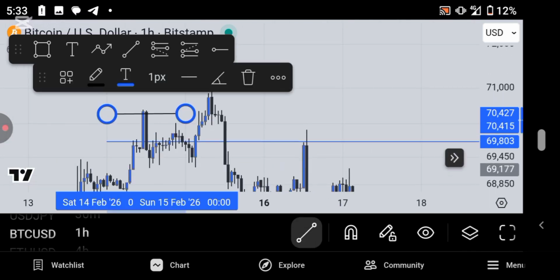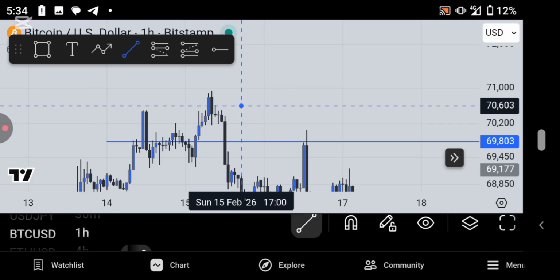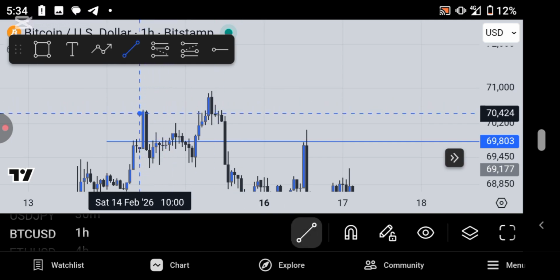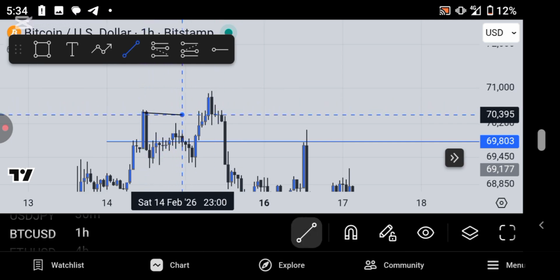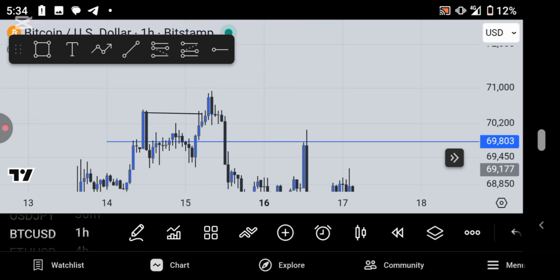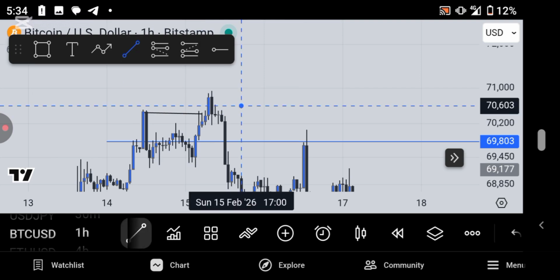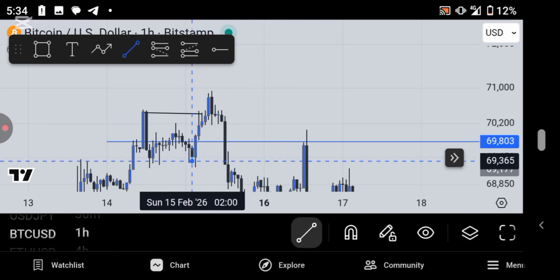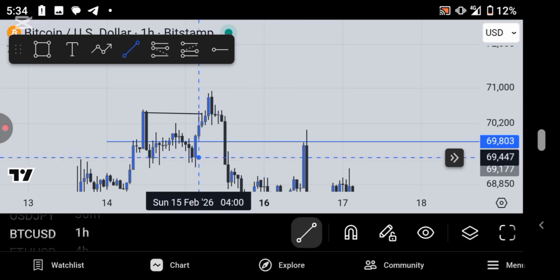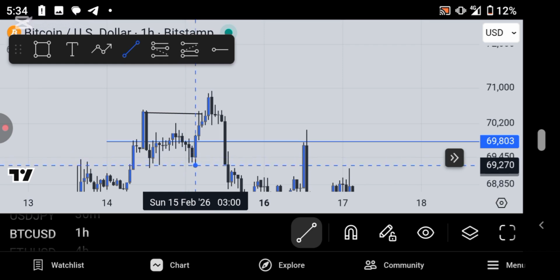what is a high probability point of interest? A high probability point of interest is a point of interest that sweeps liquidity, breaks structure right here.